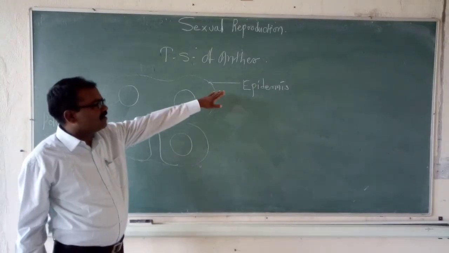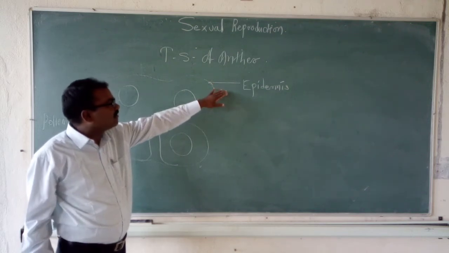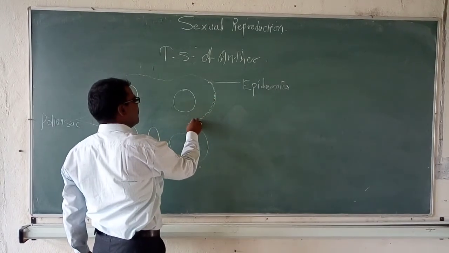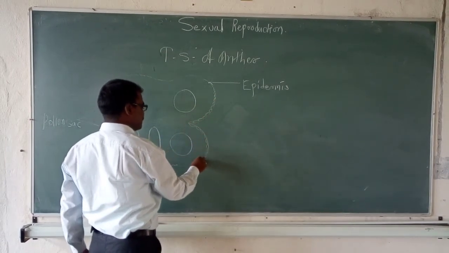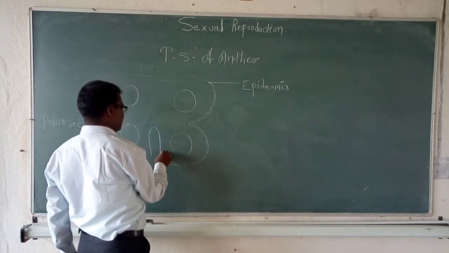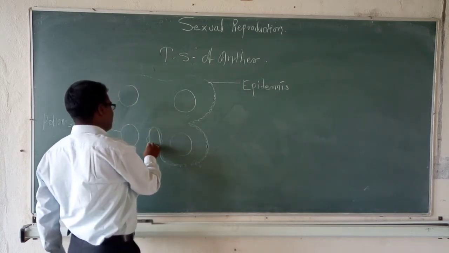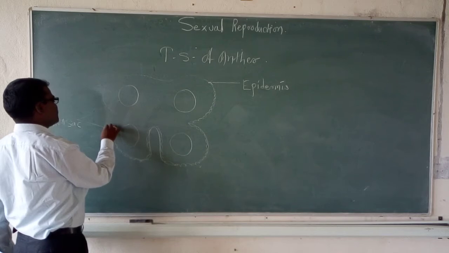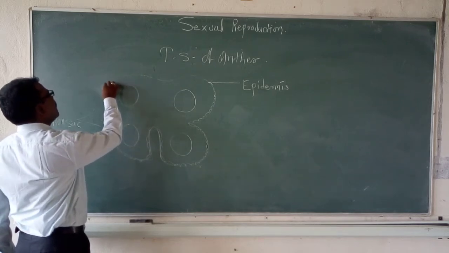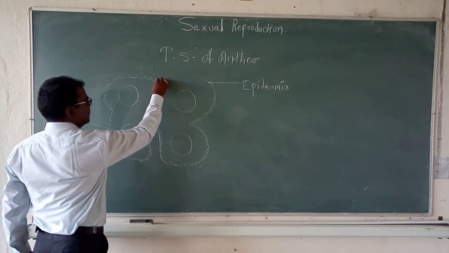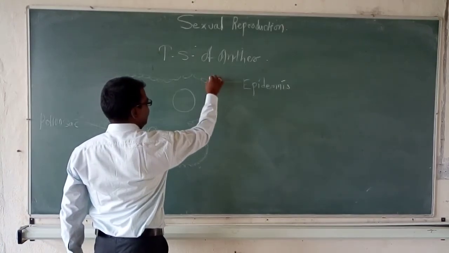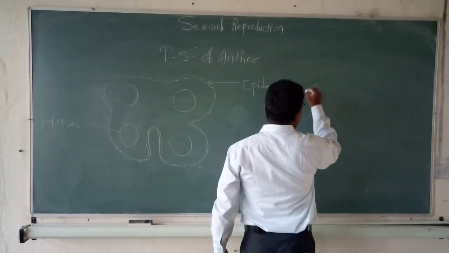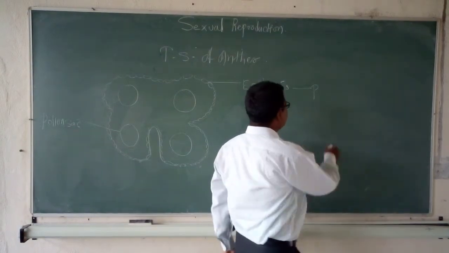The outermost layer developed from the parietal cells is the epidermis, a single layer of flattened cells which covers the outermost surface of the anther lobe. What is the function of the epidermis? Being outermost, it is protective in function.